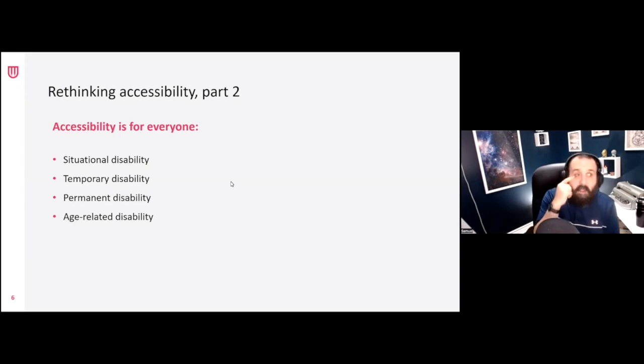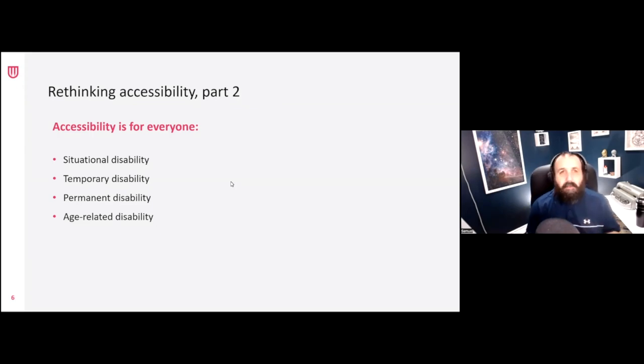So let's start off by really talking about how and why accessibility is for everyone. And there are two ways that accessibility is for everyone. First of all, accessibility is for everyone because people with disabilities, in a very real way, are everyone.